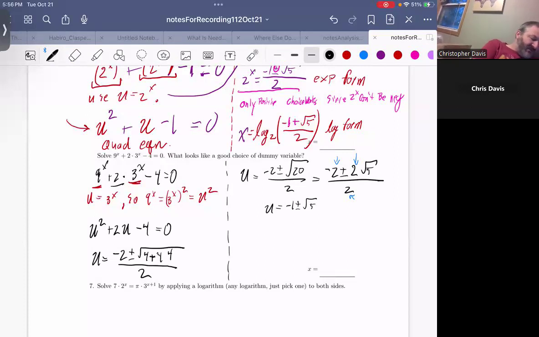And then you see the same issue. If you take the negative choice, you're going to get a negative number. No, I guess I don't see that till the next step. So that means 3 to the x is equal to negative 1 plus or minus root 5.